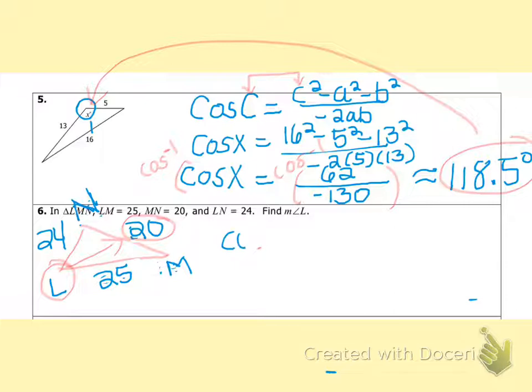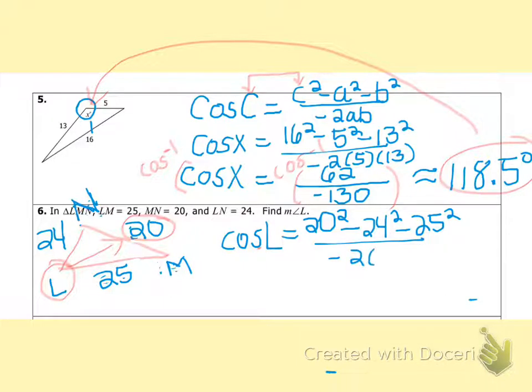So we would say the cosine of L, which is the angle we're looking for, is equal to. We want to make sure we put in 20 as the first side, and that's the only place it's going to appear. The other two sides, the 24 and the 25, can go in either spot. And then on the denominator, the negative 2 times 24 times 25.